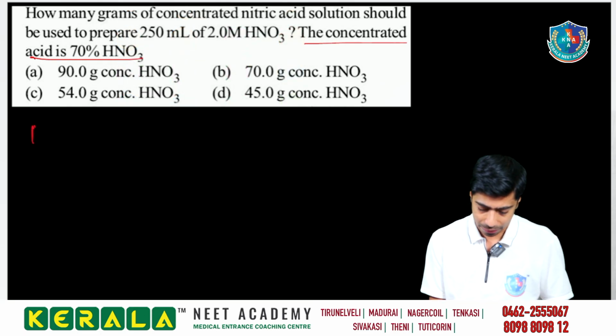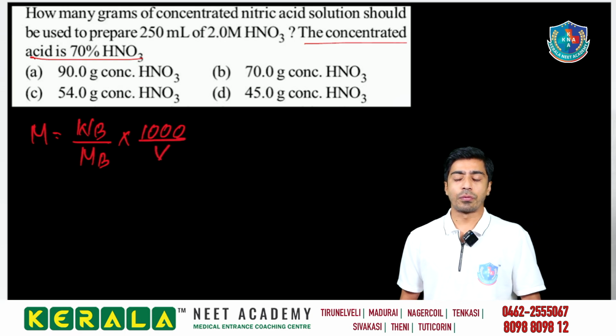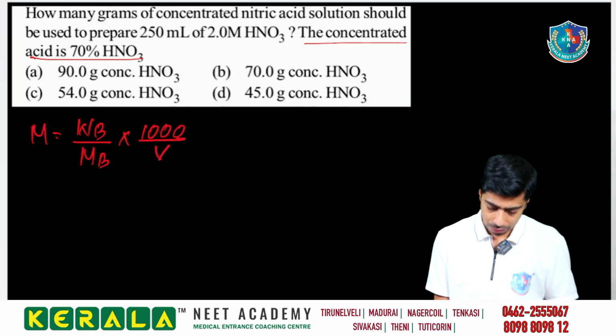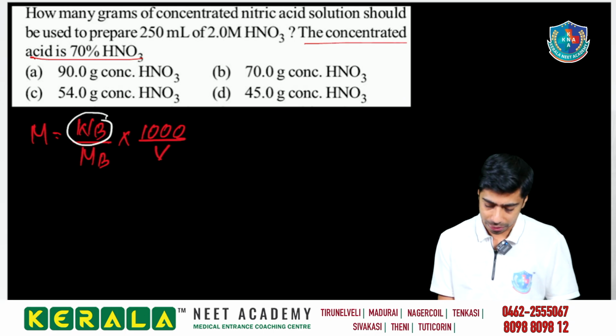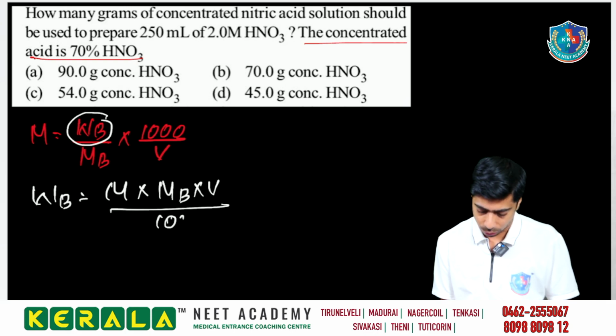The equation is molarity equals WB divided by MB into 1000 divided by V. From this we need to calculate the mass of the solute, WB. So WB equals M into MB into V divided by 1000.